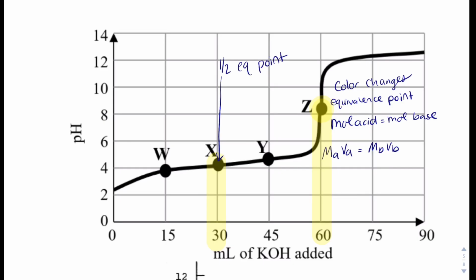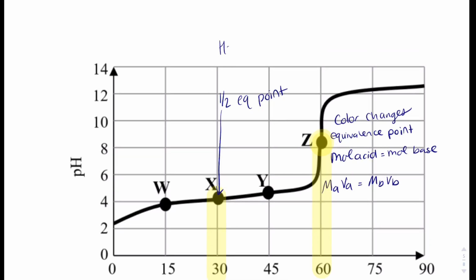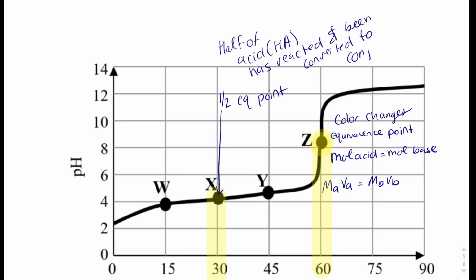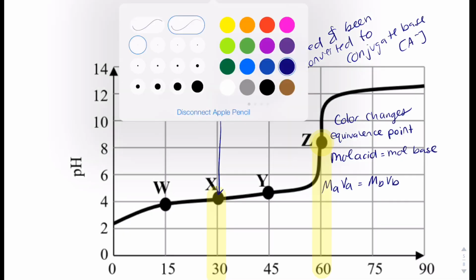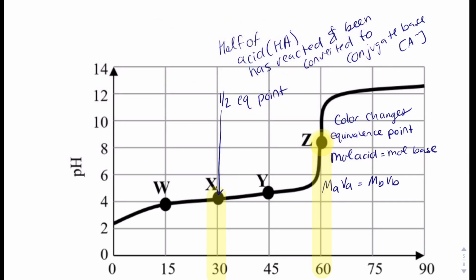And at the half equivalence point, half of your acid has reacted and been converted to the conjugate version, which is the conjugate base, A minus. That is why it's very important to know that at the half equivalence point, pH equals pKa.